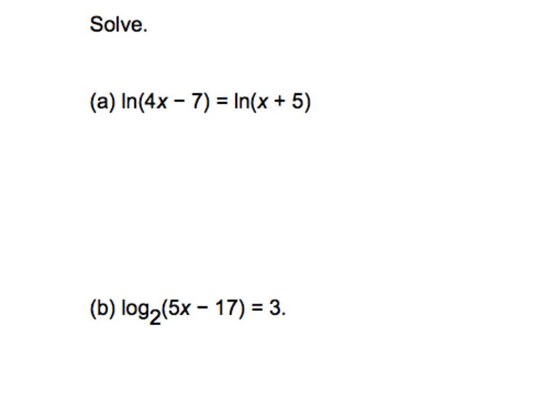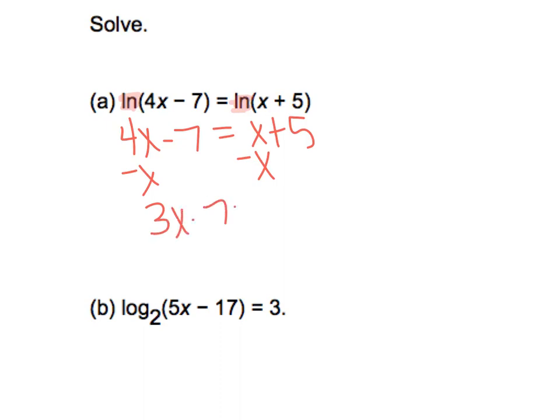What that actually looks like is letter A here. It's also the same property for natural logs. The natural log of 4x minus 7 equals the natural log of x plus 5. Well, you have the natural log on both sides, which means that 4x minus 7 equals x plus 5. So all we have to do is solve for x, and we get 3x minus 7 equals 5.